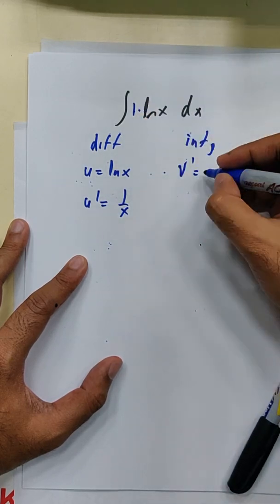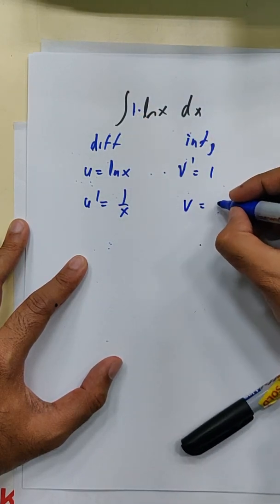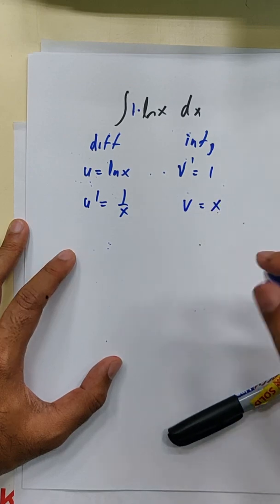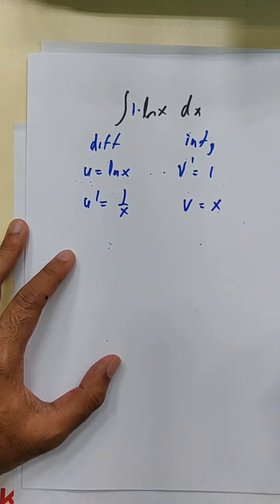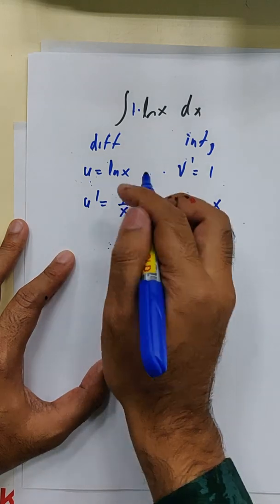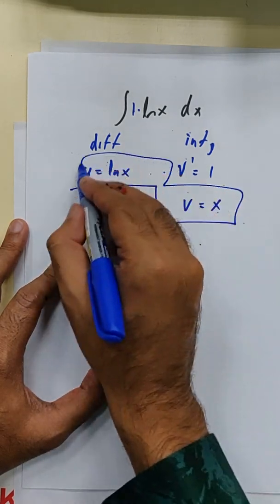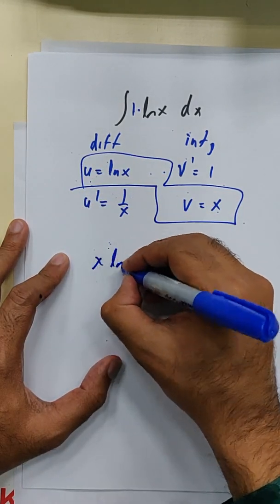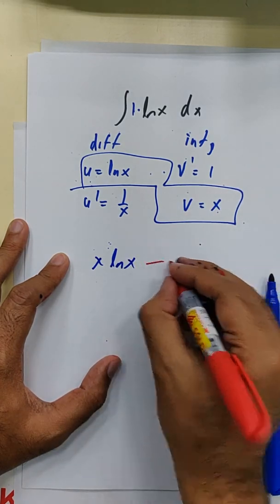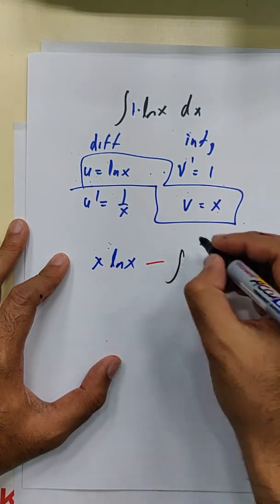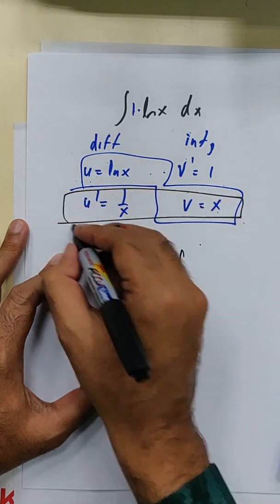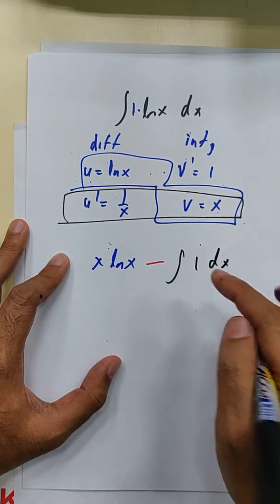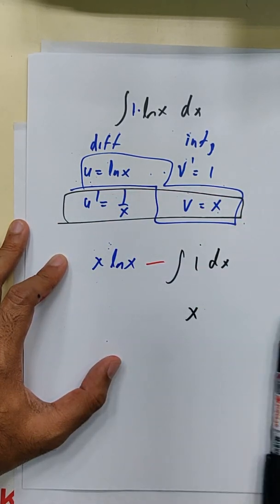It's 1 times ln x. Okay, so we got until here. The process is the same. x ln x minus integrate, copy this one here, 1 dx, integrate 1, gives you x.